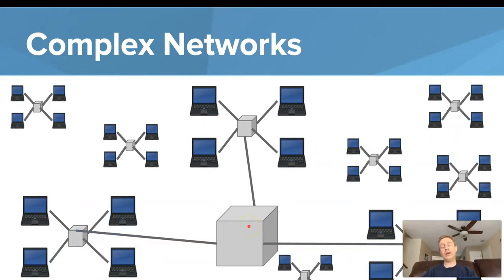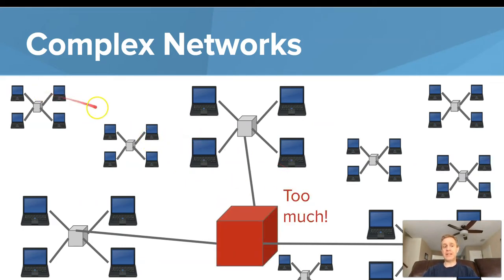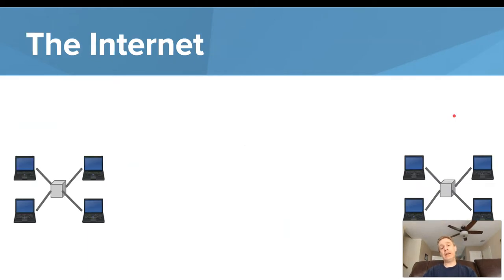But as we increase the number of these small networks, that's going to be too much for one single router to handle. It won't be able to efficiently send information from one of these computers in these networks to another one. So what do we do? Well, that's where the internet comes into play and operates.